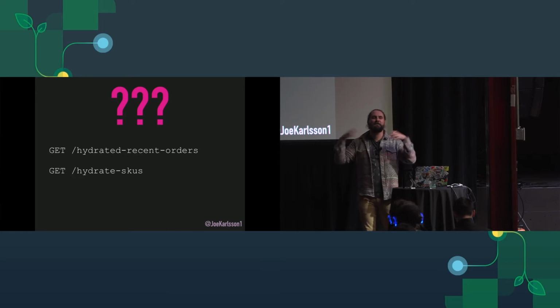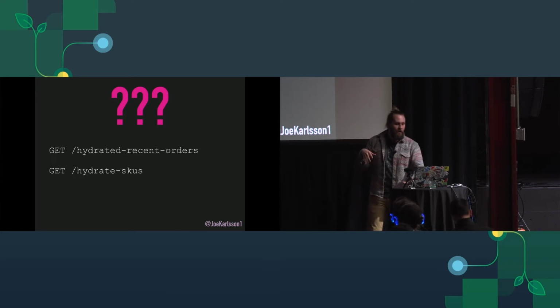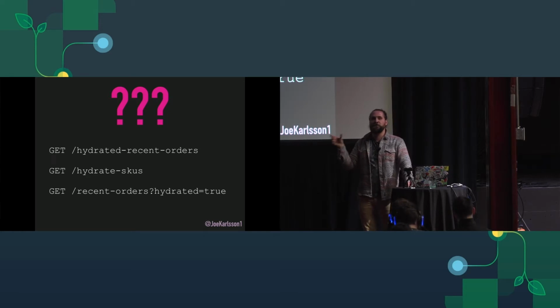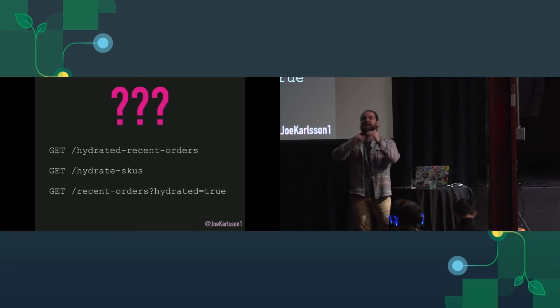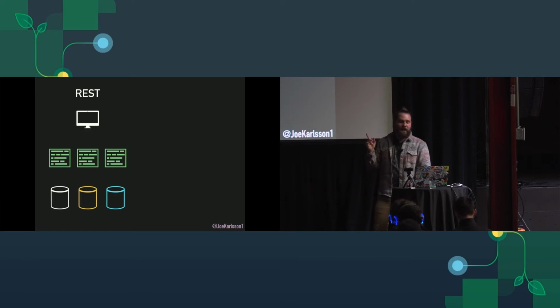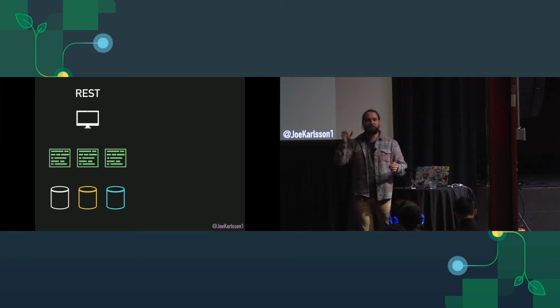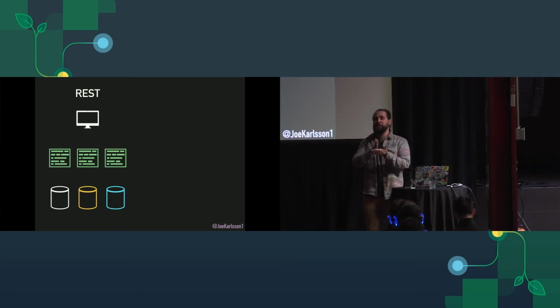I could spell it differently, different ways of doing it. Or maybe I just do a query string on the end of the original post that will optionally return hydrated data or not. I could even put things in the headers. I could do some additional crazy stuff. Point is, there's no consistent way as a back-end developer to write that API to return that data. It's totally up in the air.